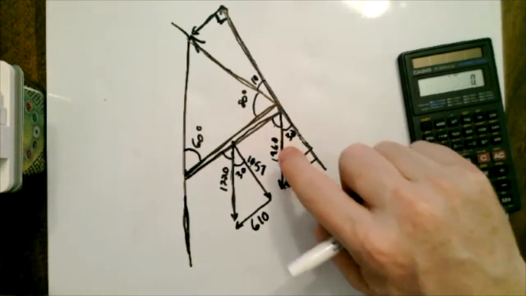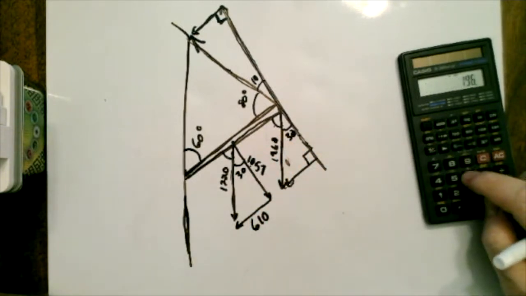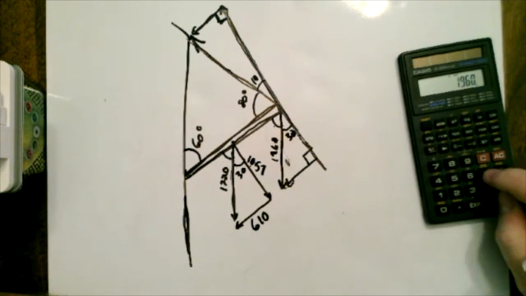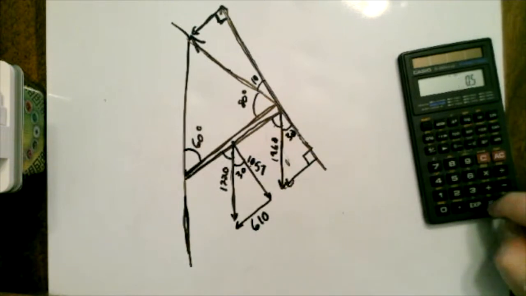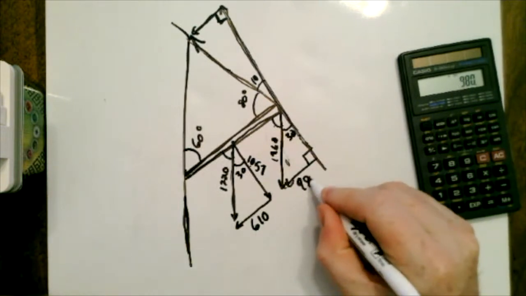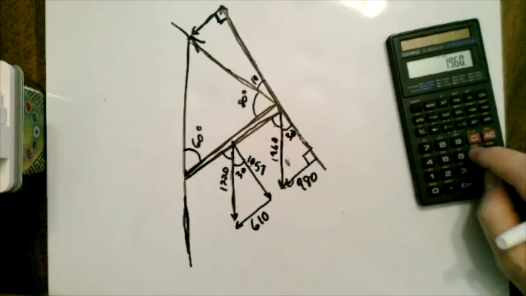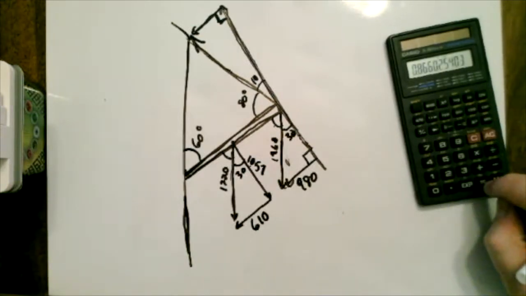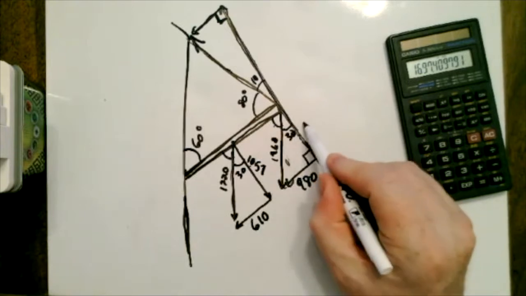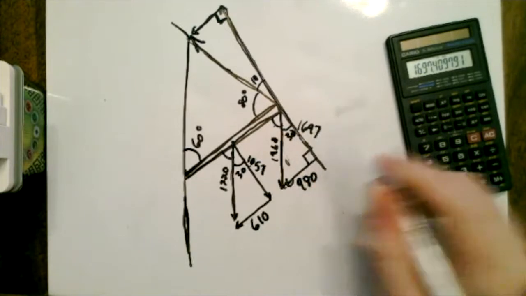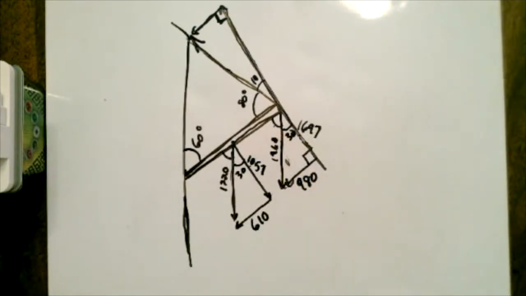And then this is 1960 times the sine of 30, and this is 980. And this is 1960 times the cosine of 30, and this is 1697. Okay, that's all we can figure out right now.